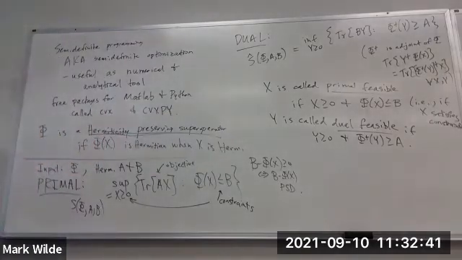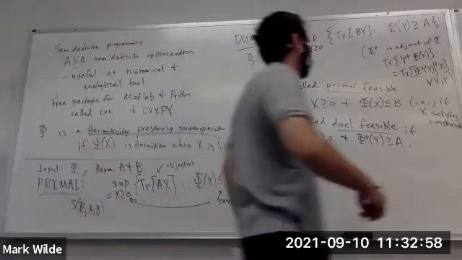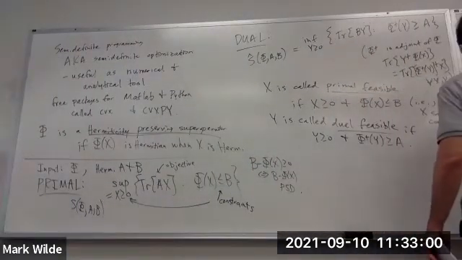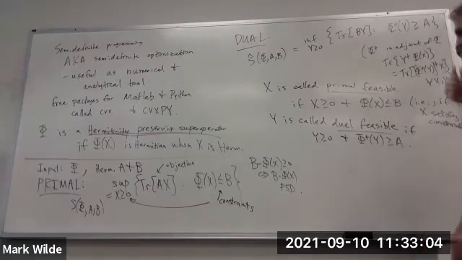And it could happen for certain optimization problems that there's no primal feasible operator. Right? That can happen. I'll write an example of when you don't have primal feasible.